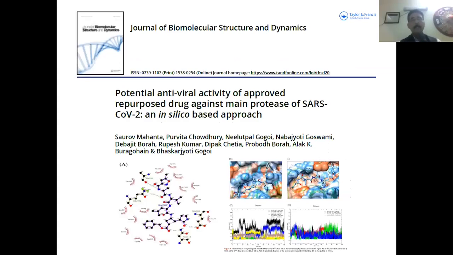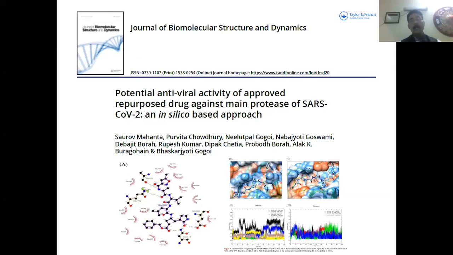Another recent article that we published after the COVID-19 pandemic began globally was also published in a highly coveted journal, the Journal of Biomolecular Structure and Dynamics. It involved identification of a druggable candidate in the form of a repurposed drug, which is already known as an antibiotic.